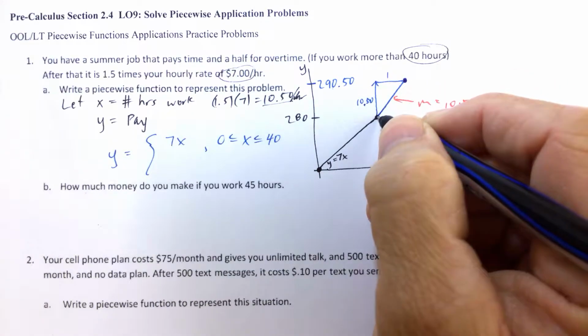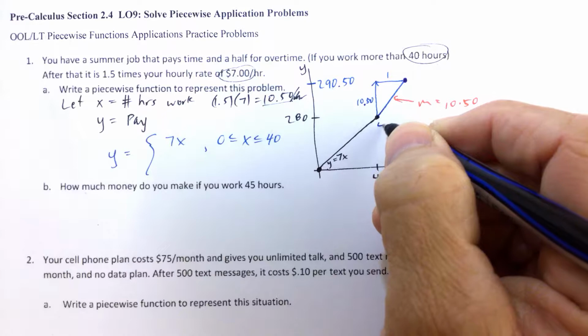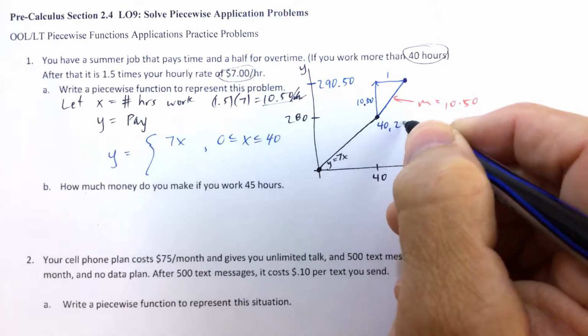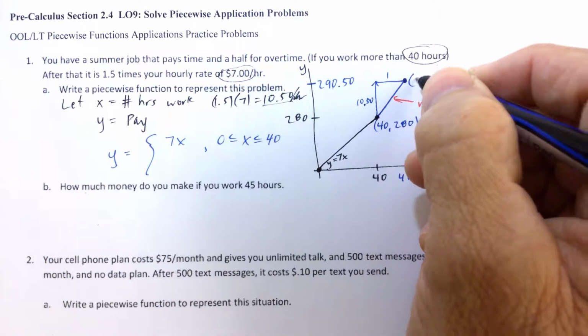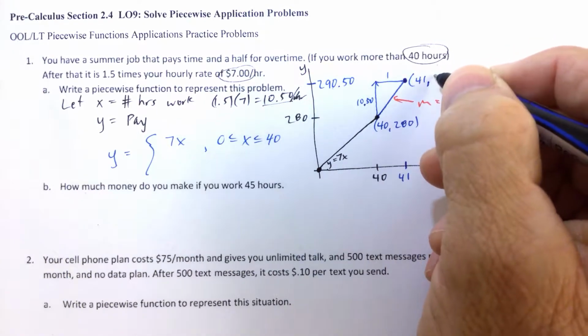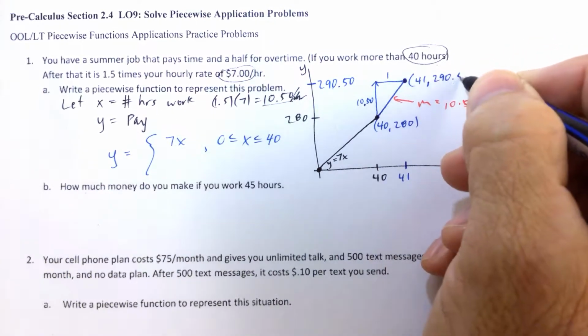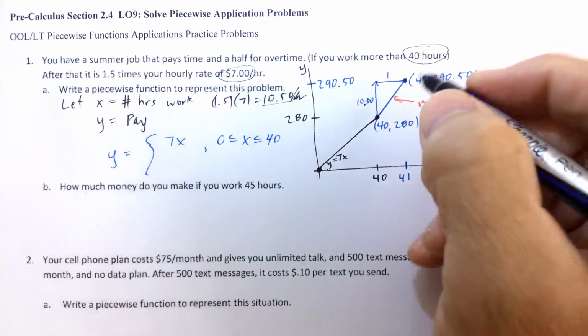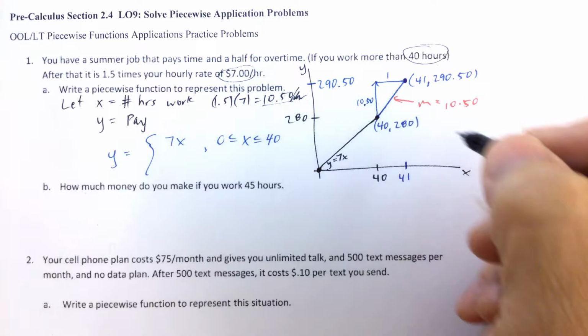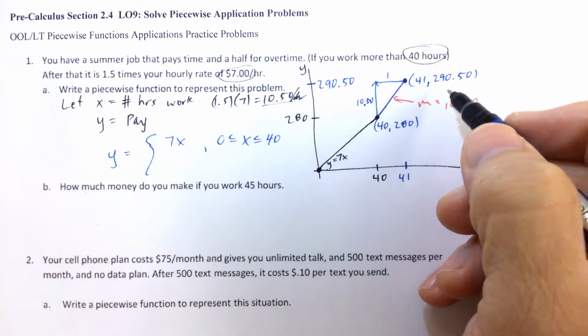The coordinates of these 2 points are (40, 280) and (41, 290.50).